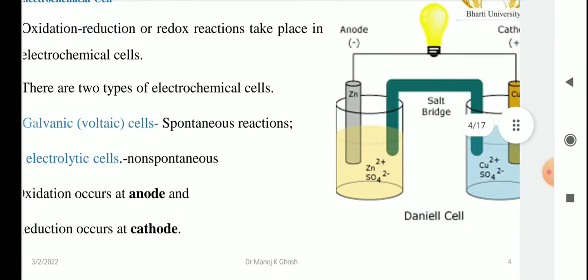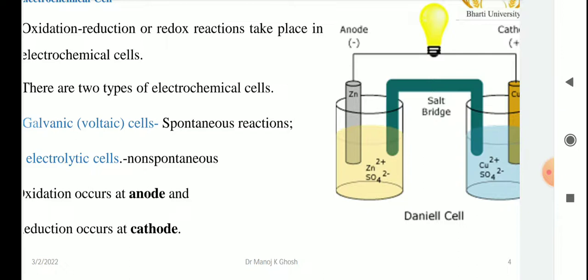Basically, from childhood we know what oxidation is. Oxidation, loss of electrons, occurs at the anode. Remember, oxidation occurs at the anode and reduction occurs at the cathode.